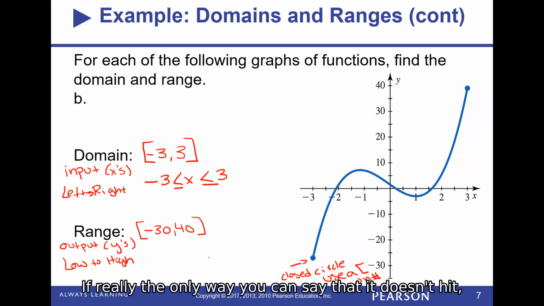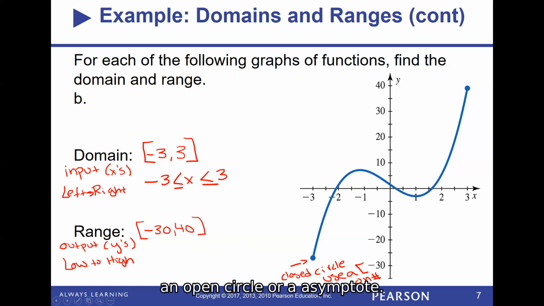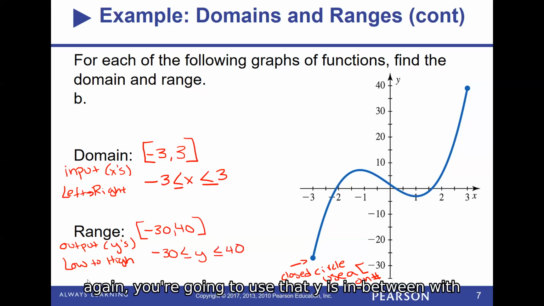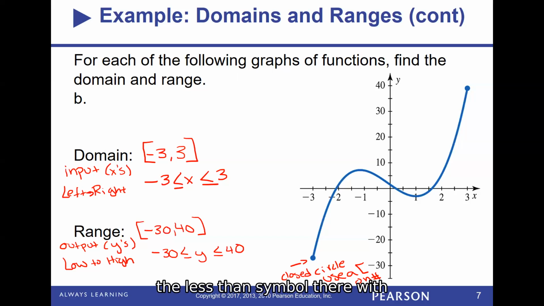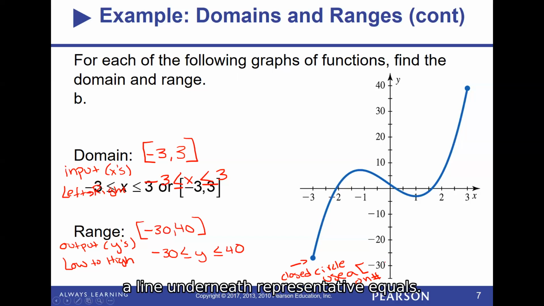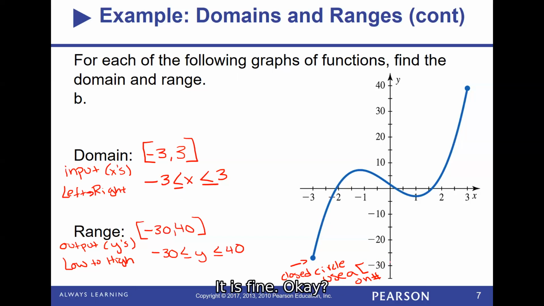And really the only way you can say that it doesn't hit that point is if there's an open circle or an asymptote. And if I'm going to use the other algebraic notation for it, remind yourself that you're going to use y is in between with the less than symbol there with a line underneath to represent that it equals it as well. Okay, so either way we'll work on that.